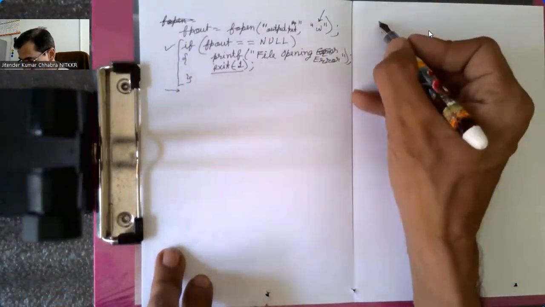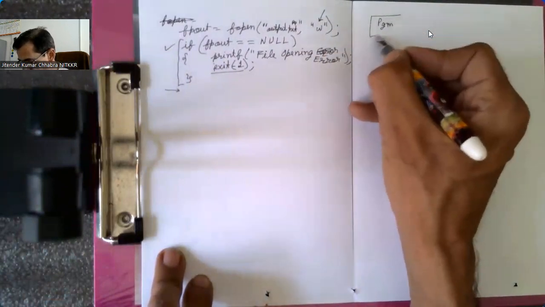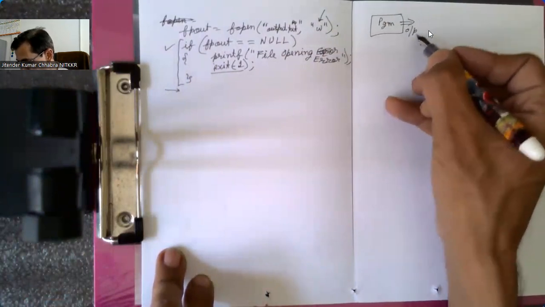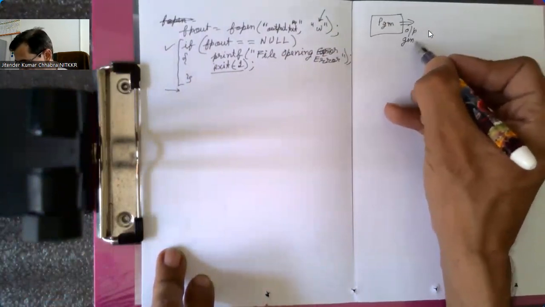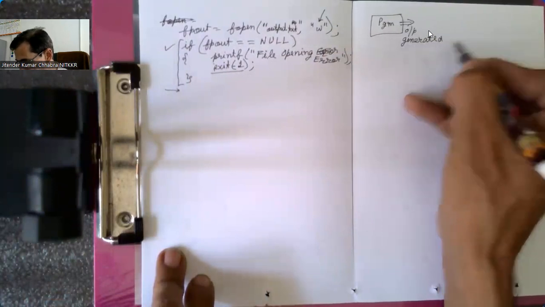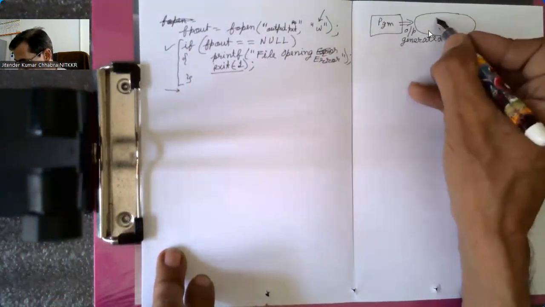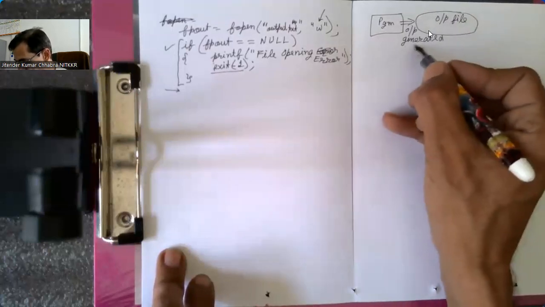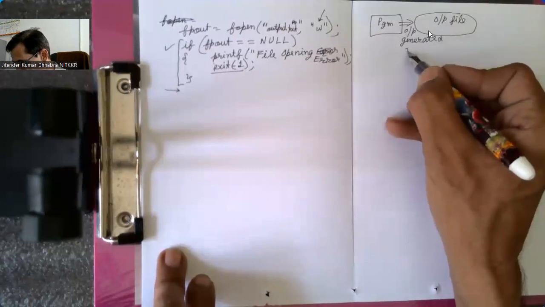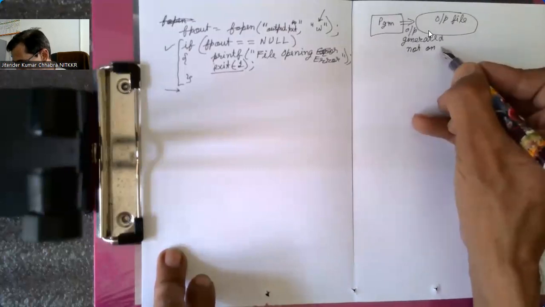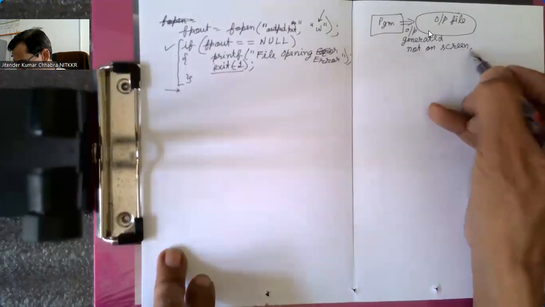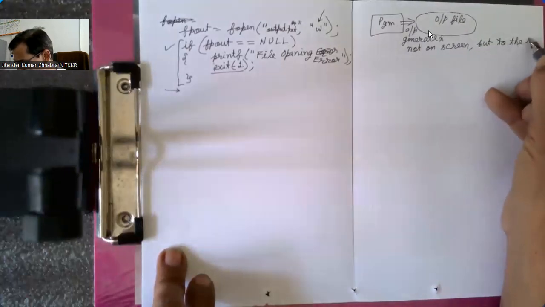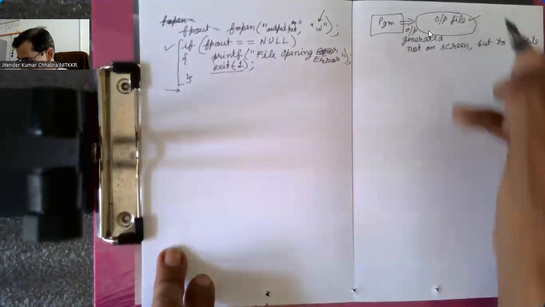Whatever output your program generates, if you want this output to be stored not on the screen but in an output file, then you will use an output file.